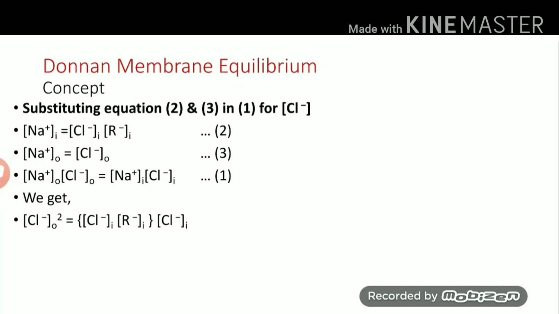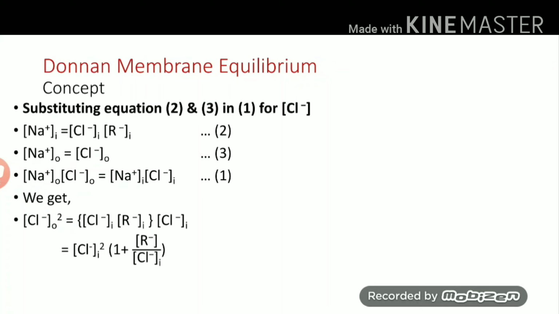If we substitute for chloride in the final equation, we get chloride outside squared is equal to, in brackets, chloride negative inside plus R negative inside, into chloride negative inside.